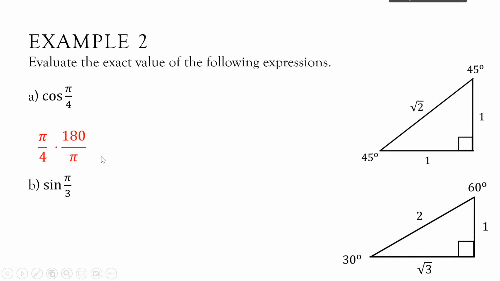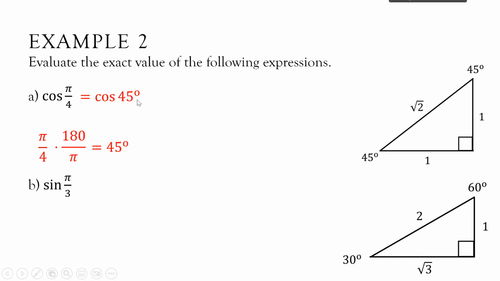Well, 180 over 4 will give me 45 degrees. So if I'm looking at cosine of pi over 4, this is the same thing as saying cosine of 45 degrees. Because pi over 4 and 45 degrees, these are the same angle. I'm not saying that pi over 4 and 45 are the same numbers in your calculator, but in angle measure, they are.